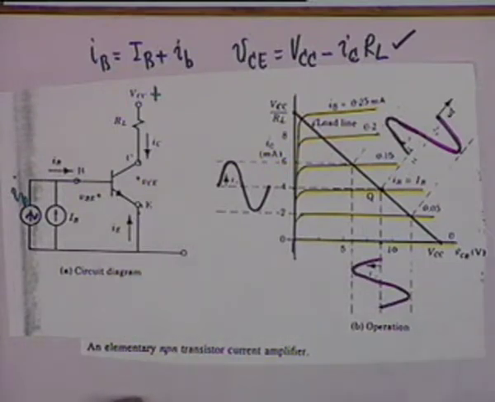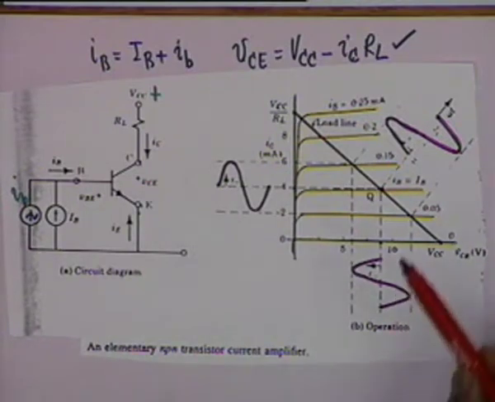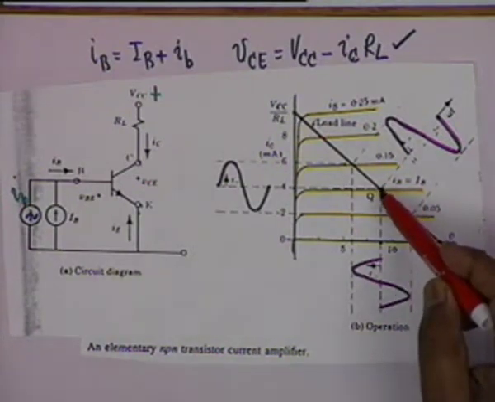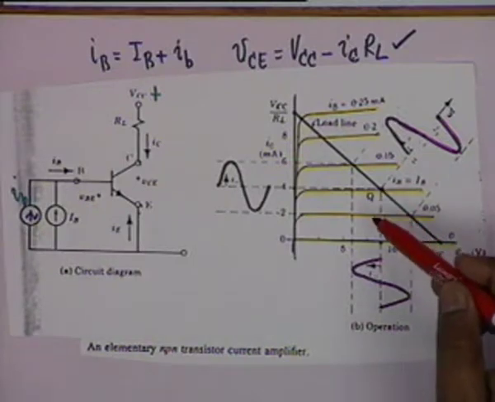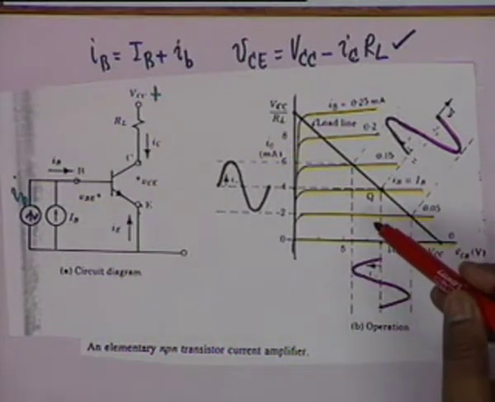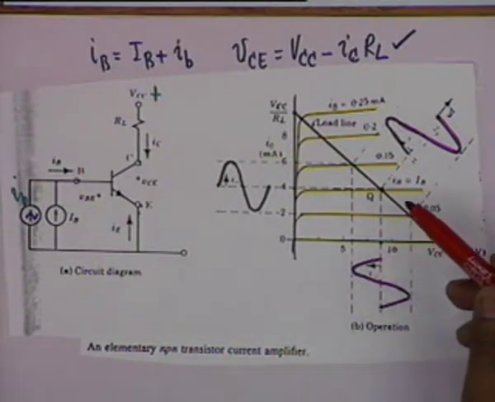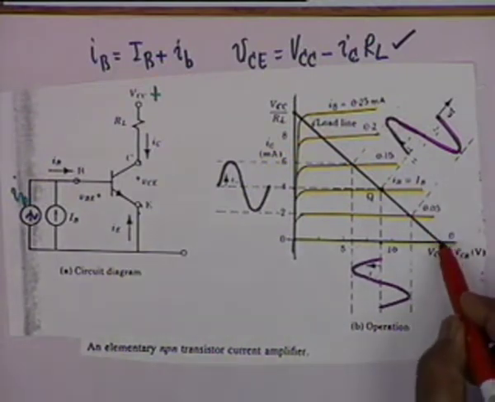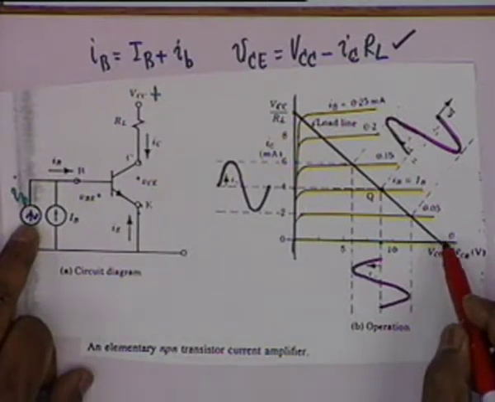This amplification, the faithfulness of this amplification depends on where your Q point is. That is, in absence of the signal, where does the transistor reside? For example, if your Q point is here, that is, the quiescent collector current is 0, then the transistor will conduct only when small i sub B is positive.